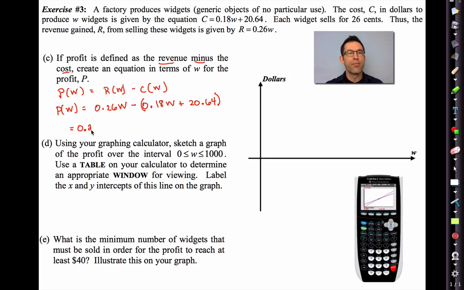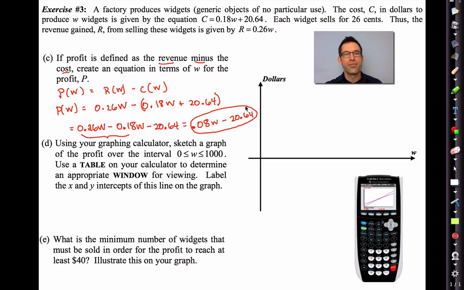But it is a big deal, because ultimately that subtraction has to distribute through the parentheses, and that 20.64 has to become negative. Now we can combine these two terms, and that would be 0.08W minus 20.64.